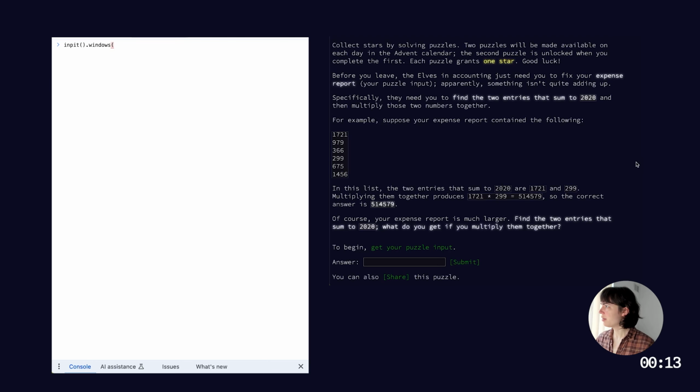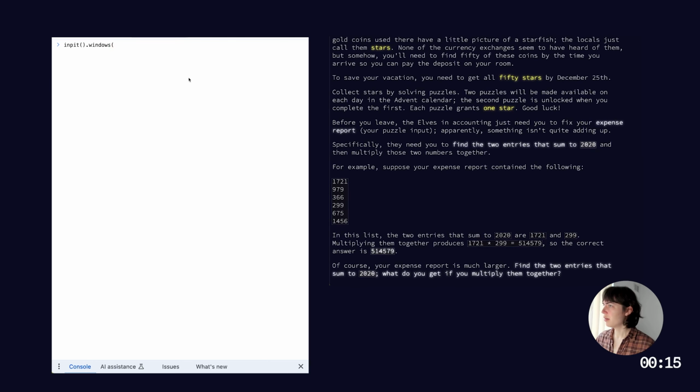Two entries. Okay. We want to go through each pair, right?